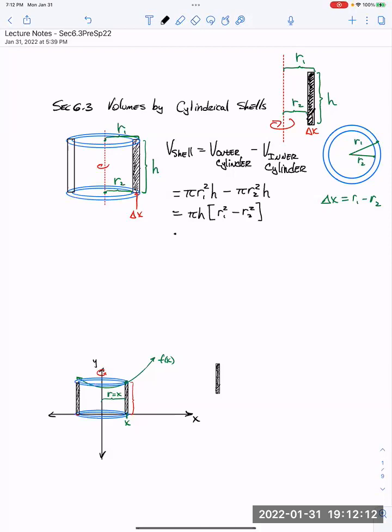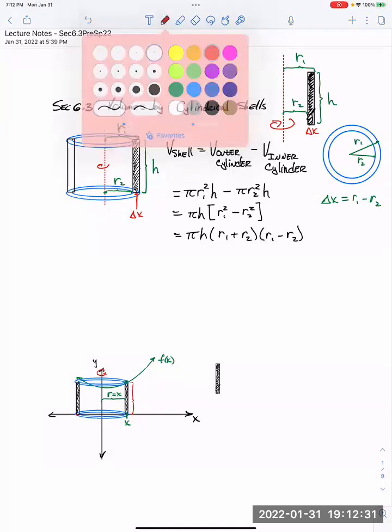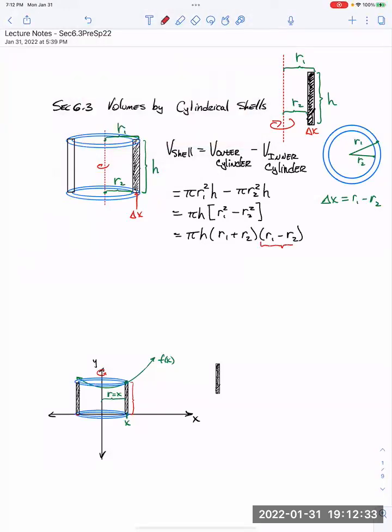Now we can obviously factor the difference of two squares. So what we get here is pi h, we get r1 plus r2, and then r1 minus r2. Now remember, as I mentioned earlier, what was r1 minus r2? Delta x.